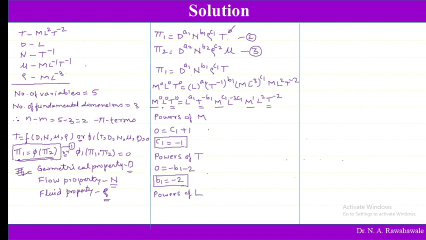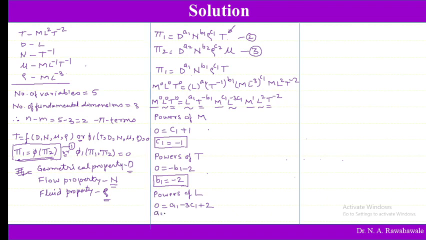Now collecting powers of L. The power of L is 0 on the left hand side. So 0 is equal to a1 minus 3c1 plus 2. Now we know c1 and b1, and we want to find a1.